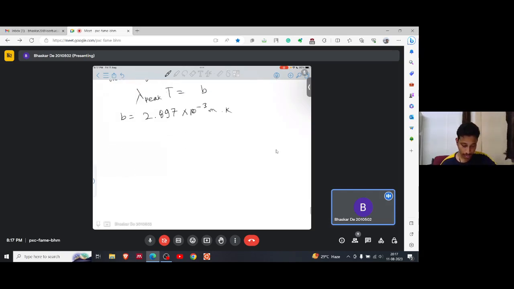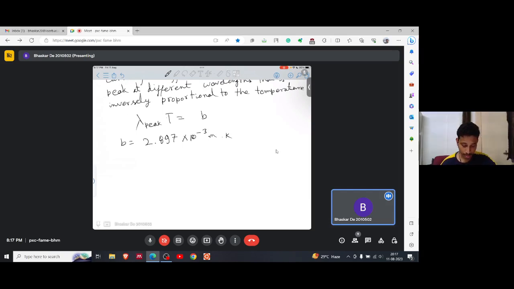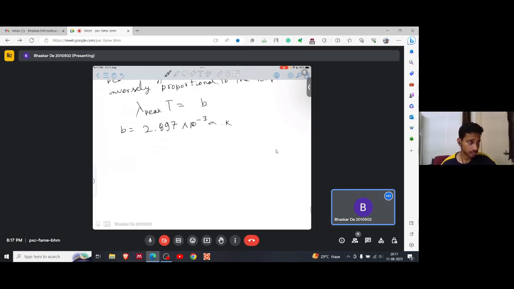Basically this says that at different temperatures the emitted electromagnetic wave has a different wavelength. So this comes from Planck's radiation law.